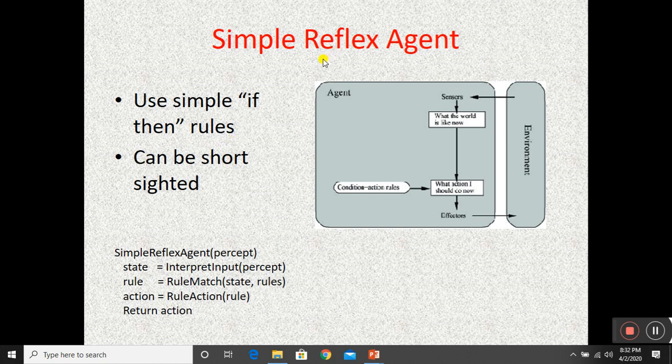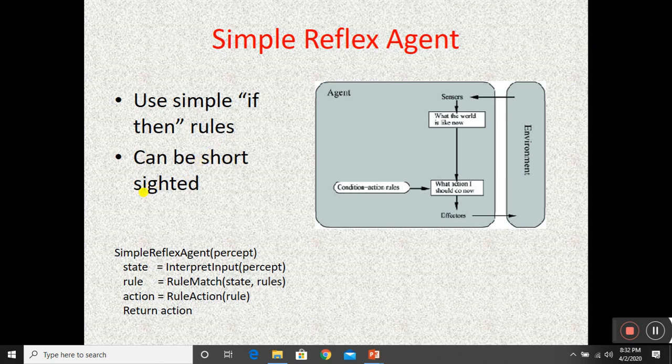So here we have the simple reflex agent. Here you can see a picture. We will start from the simple if-then rule. Simple if-then rules can be short sighted.